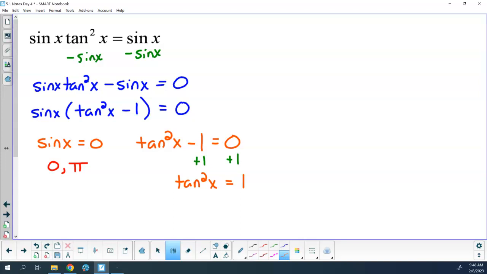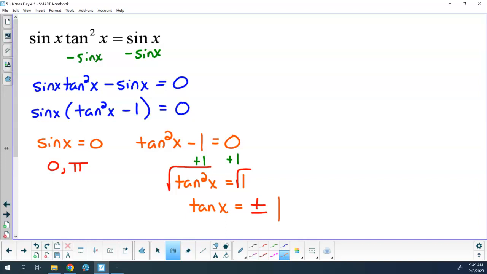Yes, sir? Square root both sides. If I square root both sides, what comes into play? The plus or minus comes into play. Okay?